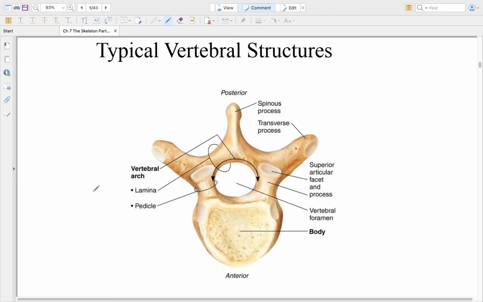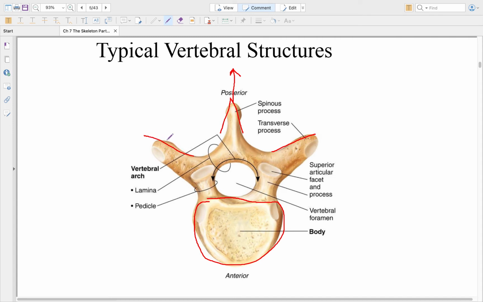Let's actually move to this image. Now, this is the typical vertebrae structure. Notice that it has a body and it has the spinous process that sticks out. These will stick out to the side. Transverse process, and that's what transverse means.